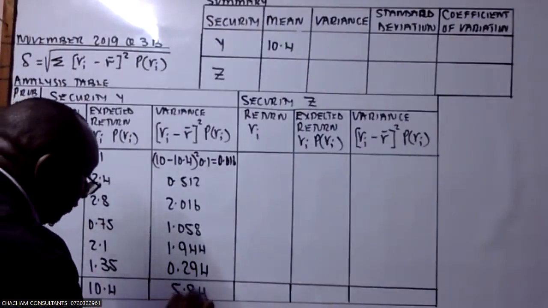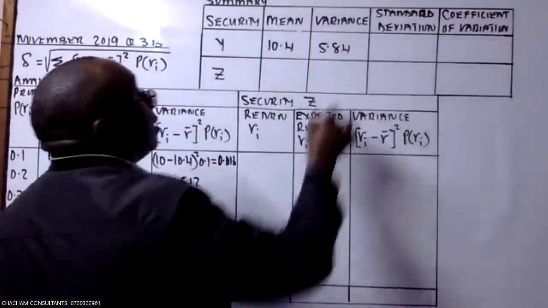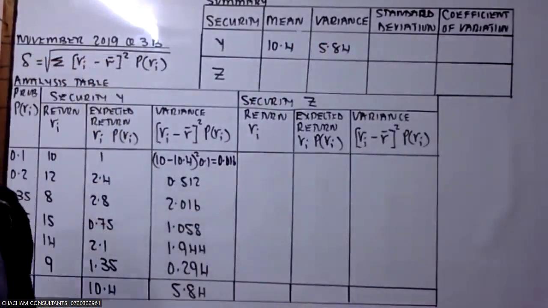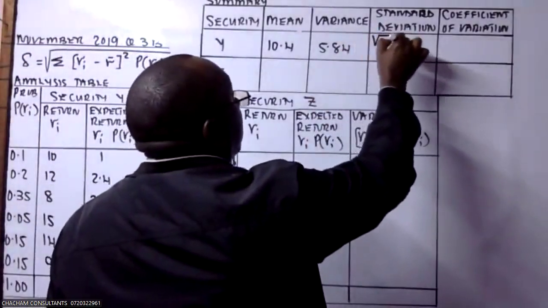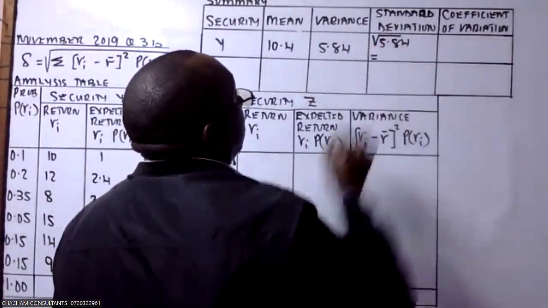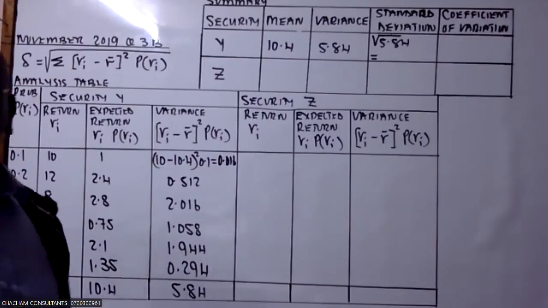So that 5.84 is the variance here. So get the square root of it. Get the square root of 5.84. That will be the standard deviation. The square root of that, 2.417.